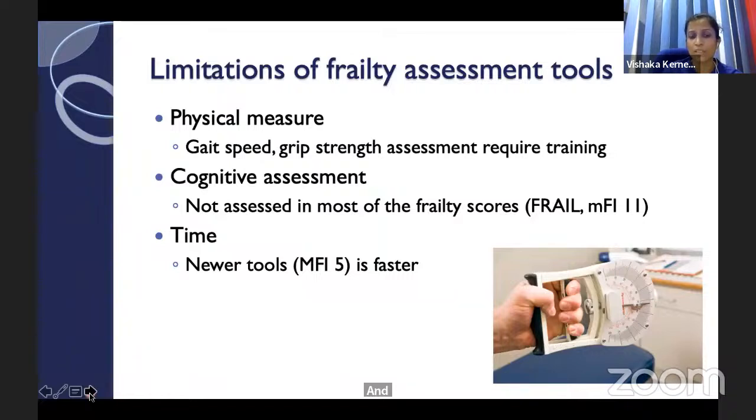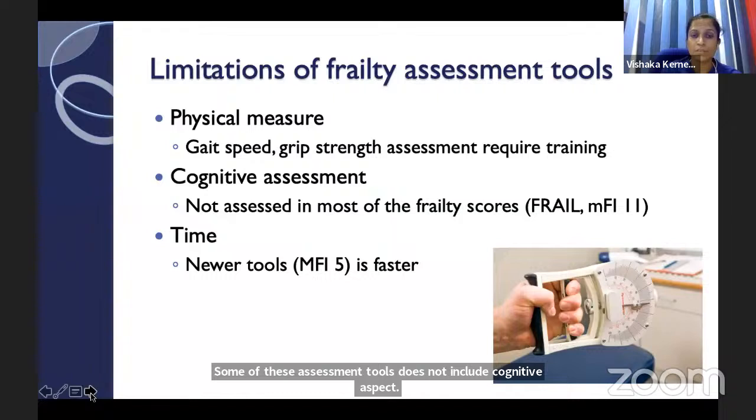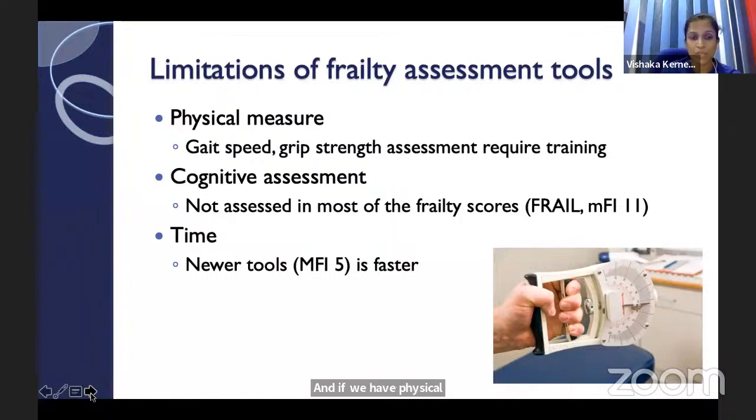However, tools like MFI-5 are not yet strongly validated for perioperative practice. Other limitations include that some of these assessment tools do not include the cognitive aspect. And if we have physical measures, the person who is doing them has to be trained. That is also a very important aspect that we need to understand.